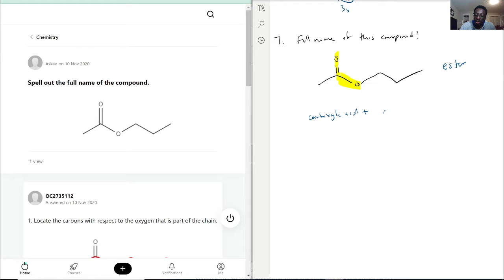And what leaves, just that group, would be an H2O. Water comes out. This would be called an esterification. So the carboxylic acid part would be kind of like this part here.